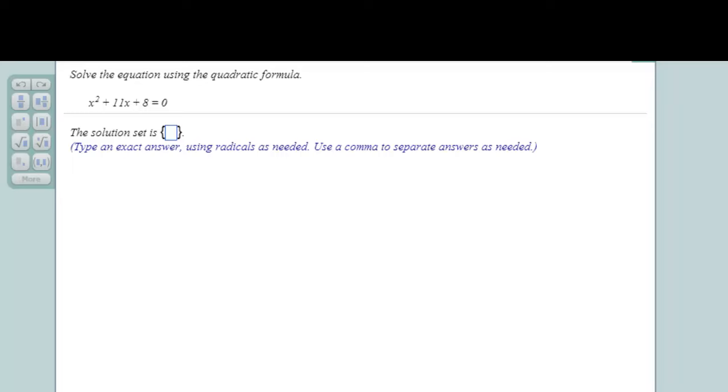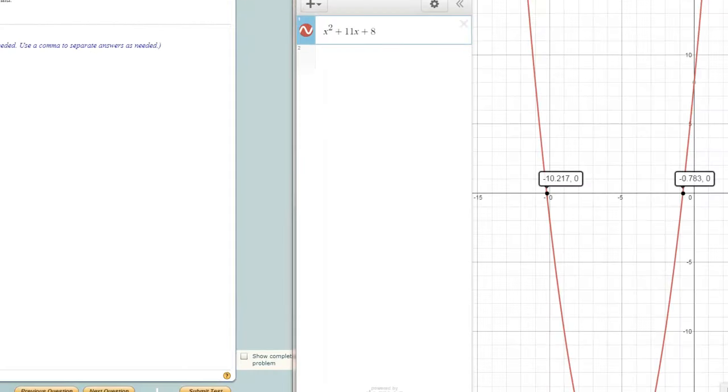Another way to test whether it's factorable or not is to graph it. So let's get a graph out real quick just to show you. Here's the graph. We graphed x squared plus 11x plus 8. And down here, I tried to show you the intercepts.